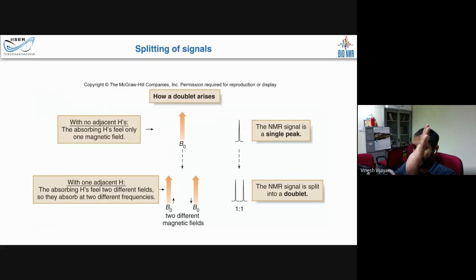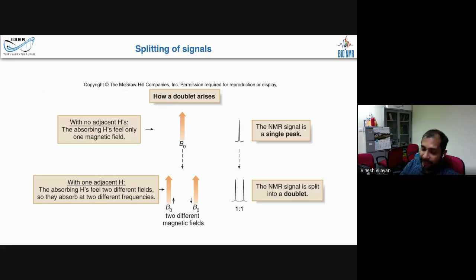The magnetic field B0 is being opposed by the coupled partner. So you will have a different frequency, because the magnetic field experienced by that nucleus is going to be different, right? So with no adjacent carbon atom, no adjacent hydrogen atom, you feel only B0 and the chemical shielding and everything, and you get a single peak.